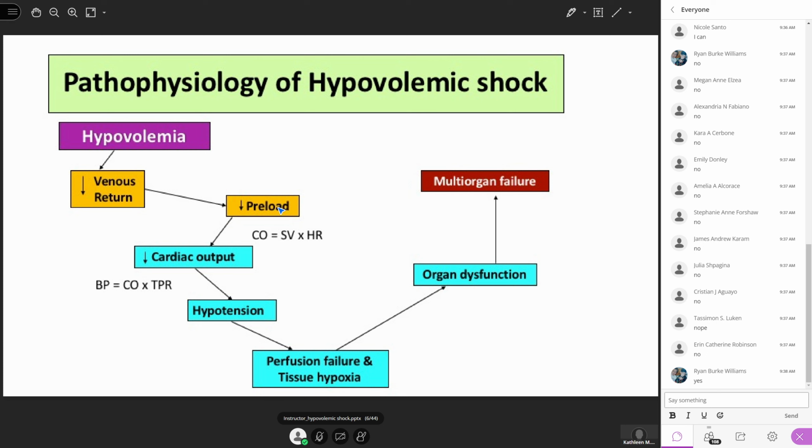The preload directly affects the stroke volume, and the stroke volume directly affects the cardiac output. Remember, the most important thing about the cardiac output is that this is what is perfusing our body. This is what is giving our body the oxygen and nutrients that it needs. So it's obviously very important.